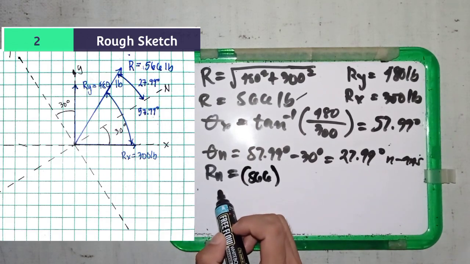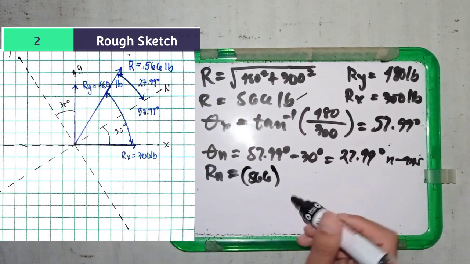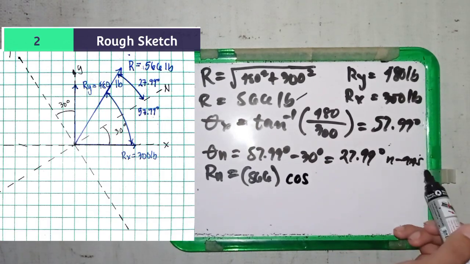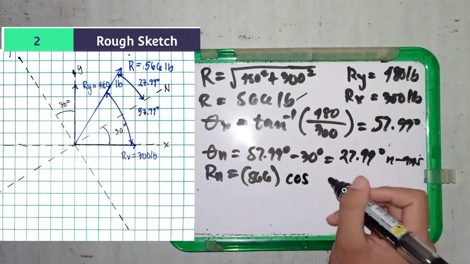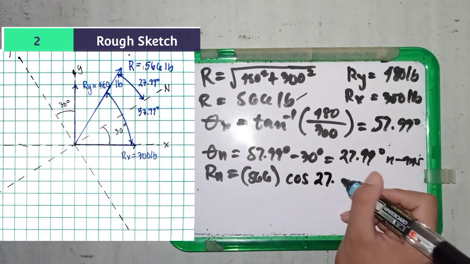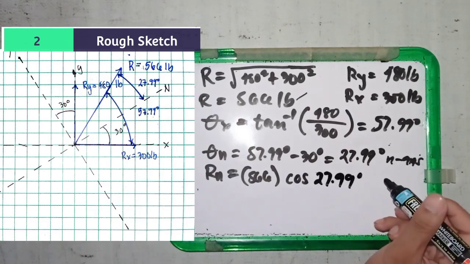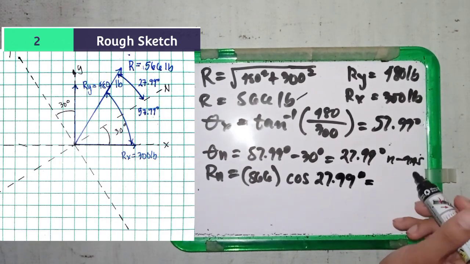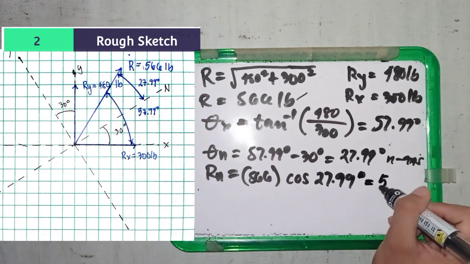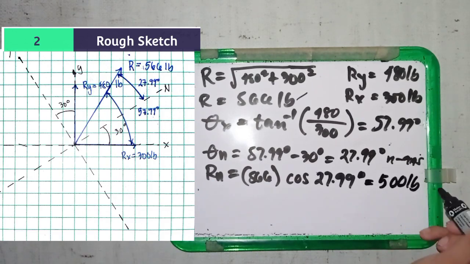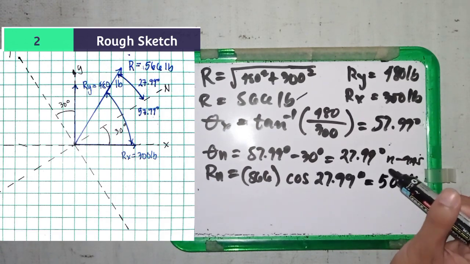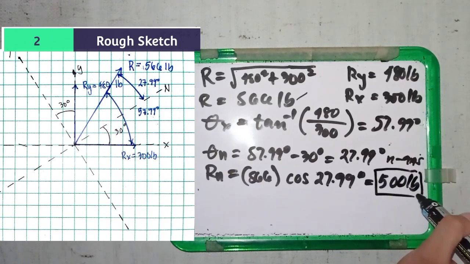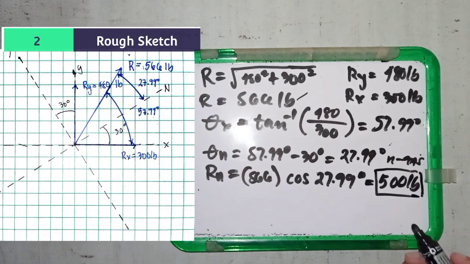Since n is related to x axis, we can use the cosine, and the angle here is 27.99 or 28, depends. What we have here is 500 pounds. So this will be the n component of the resultant, 500 pounds.